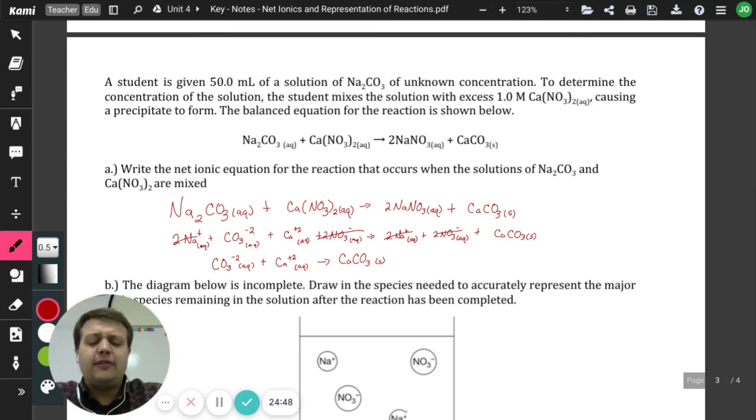So they say a student is given 50 milliliters of a solution of sodium carbonate of unknown concentration. To determine the concentration of the solution, the student mixes the solution with excess 1 molar calcium nitrate, causing a precipitate to form. The balanced equation is shown below. Okay, so we already did the balanced equation. We've already solved for all that.